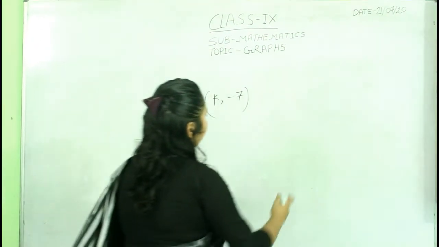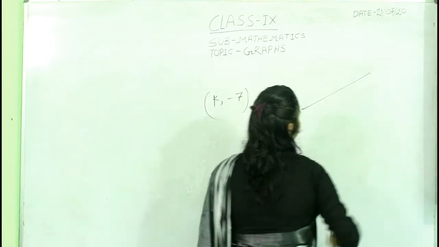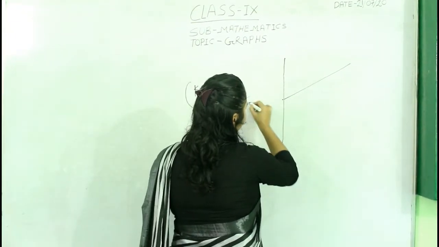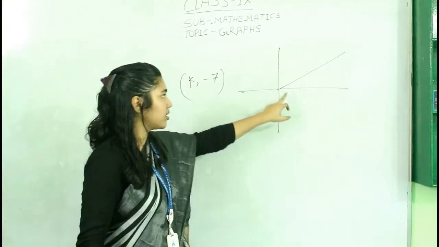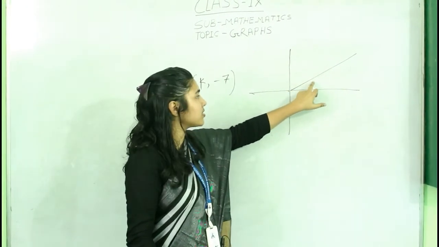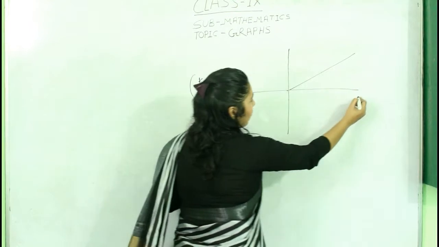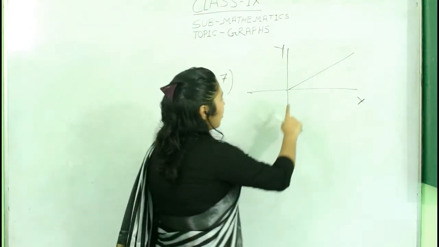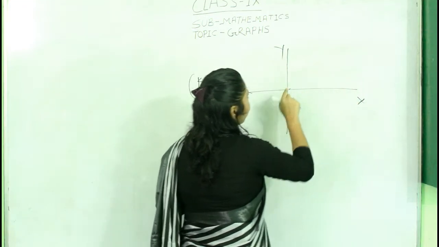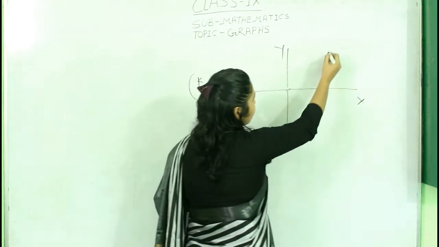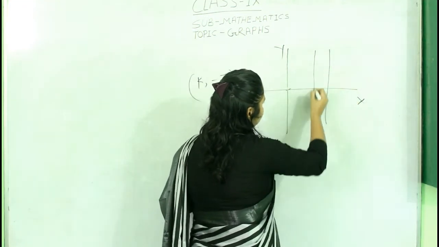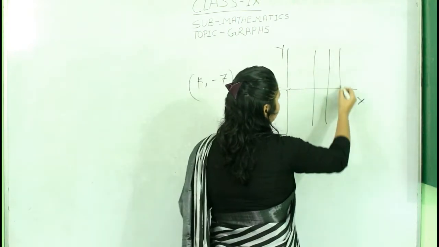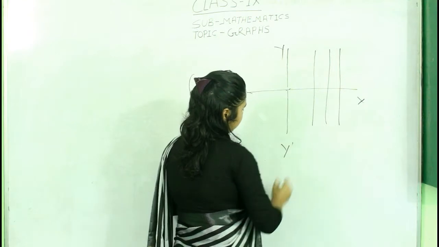So if a straight line, this is a straight line, suppose this is our x coordinate and y coordinate. This is a straight line, but this straight line is not parallel to any axis, x axis or y axis. But if I draw a straight line like this or like this, these lines are parallel to the y axis.